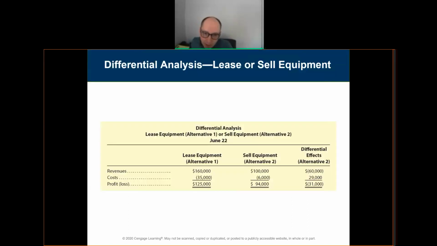Now, if you look back, if I lease it for 160,000, I don't care about the fact that it's only worth 80, because if I'm trying to lease it out for 160, they don't even know it's worth 80. Or if I try to sell it for 100, they don't need to know it's worth 80. You know what I mean?